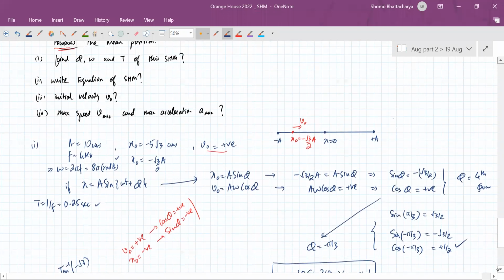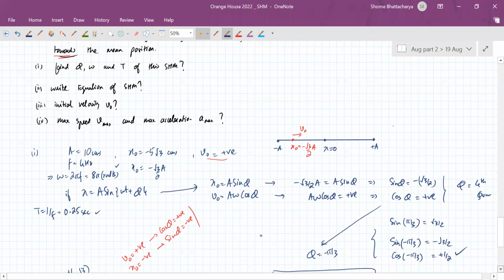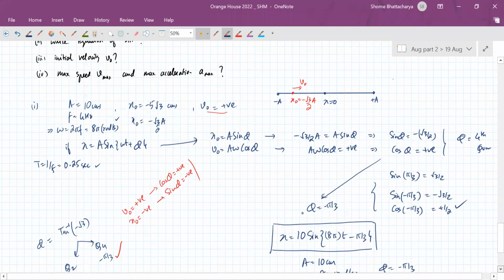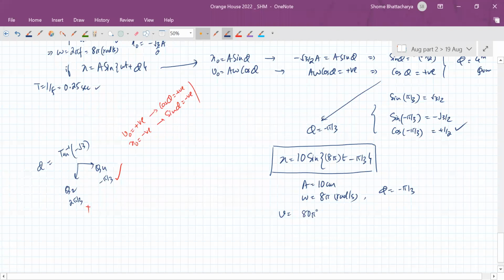Now initial velocity: from this, velocity as a function of time will become A omega, so that is 80 pi cos(omega t plus phi) in centimeters per second.